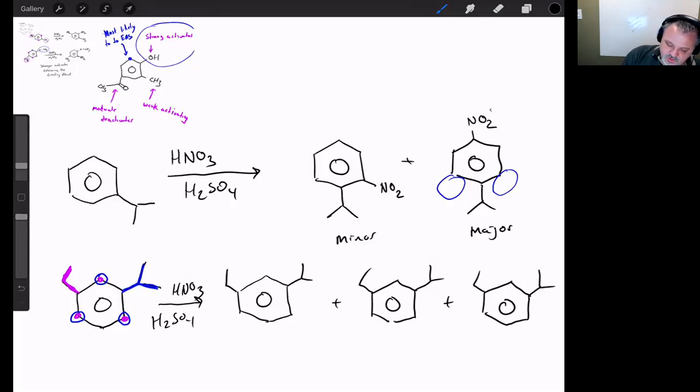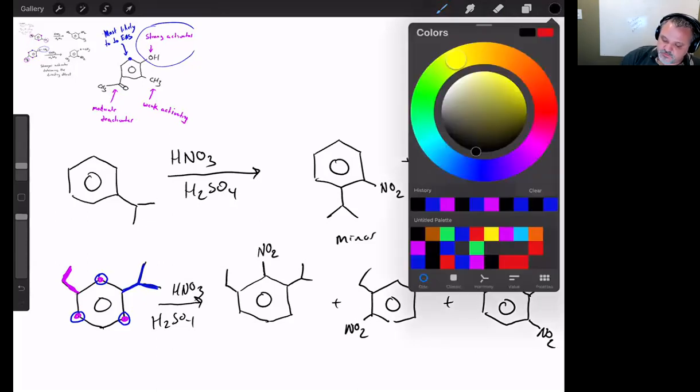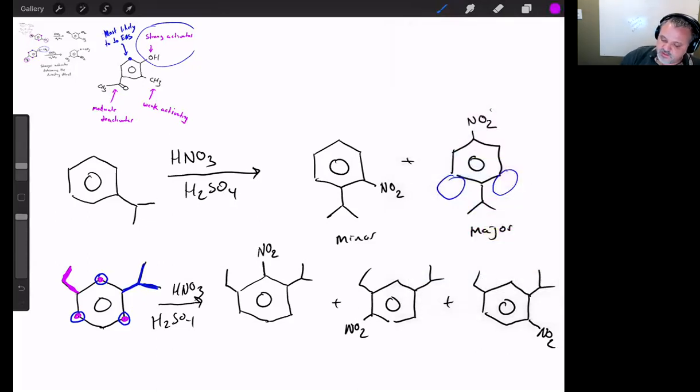Well, I could have one attach here, I could have one attach here, and I could have one attach there. When it comes to the distribution of products, this one is the major product, this one is the minor product, and this one is not observed.